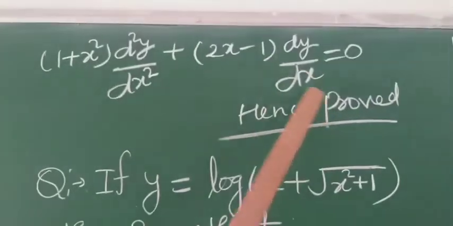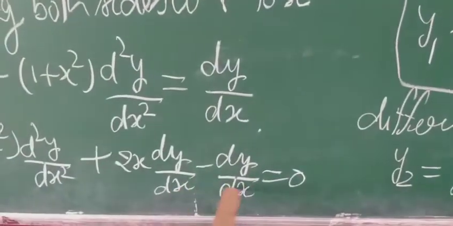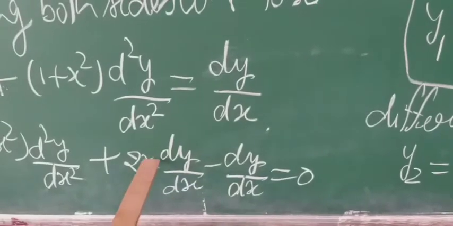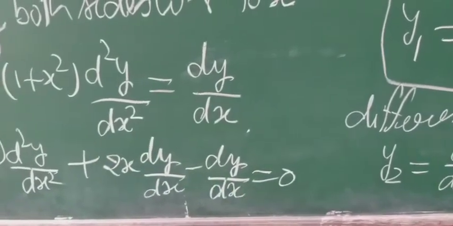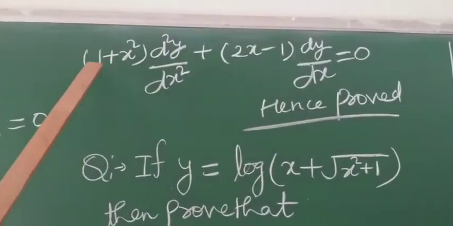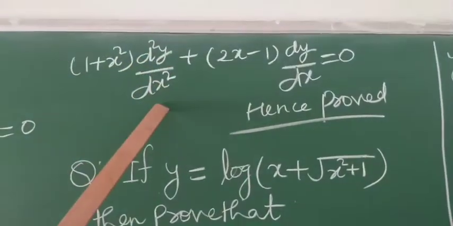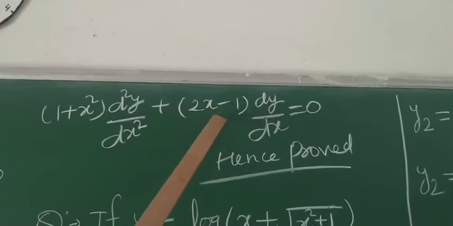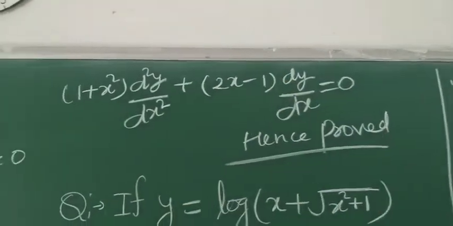What is left, students? 2x minus 1. When we take dy by dx common, what is left here? 2x minus 1. So students, we have proved (1 plus x square) d square y upon dx square plus (2x minus 1) dy by dx equals 0.